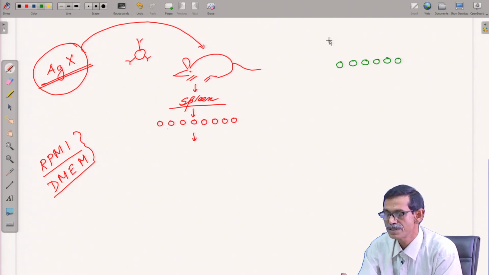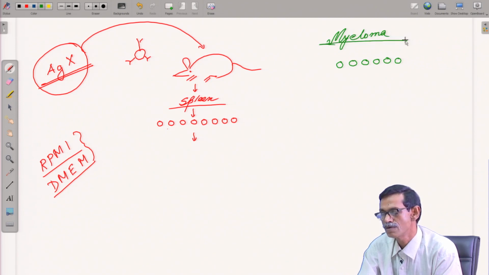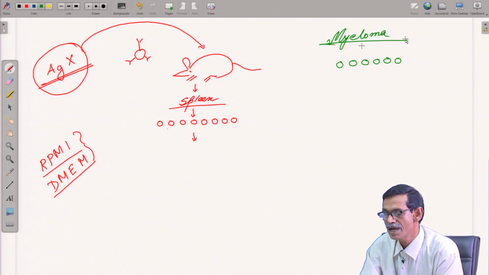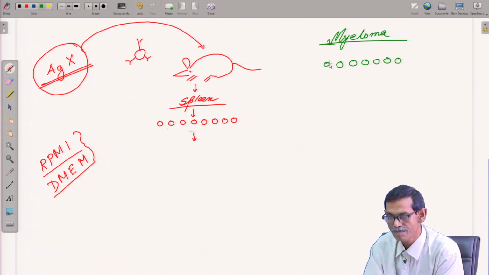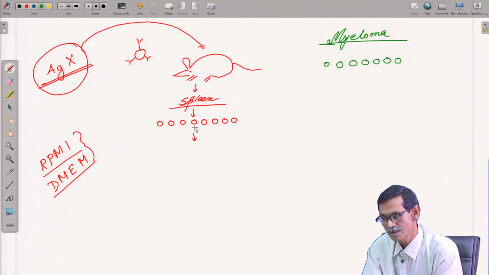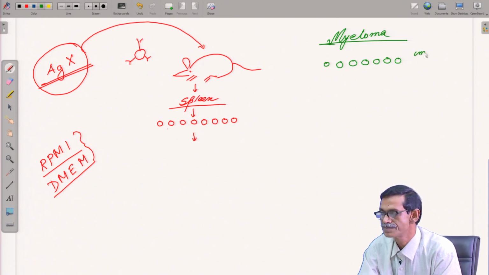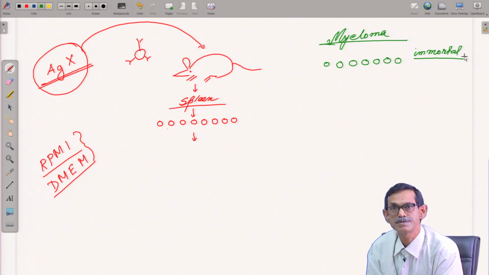This is a cancerous B cell, myeloma. Okay. These myeloma cells are cancerous B cells, that means they are immortal. They do not die. So, they become transformed, and after transformation they became immortal.